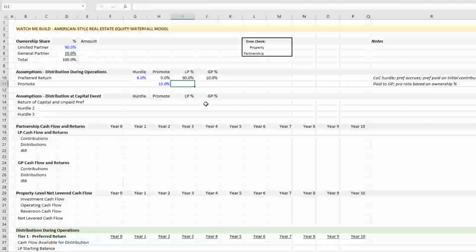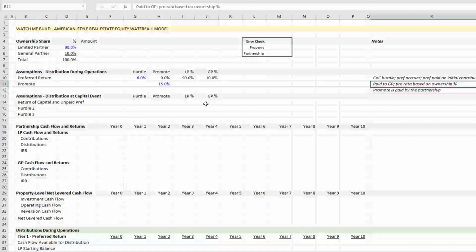Now, how do we calculate the promote paid to the GP? Well, in this case, we're going to assume that the promote is paid by the partnership. When a promote is paid by the partnership, what that means is if there is $1 available to distribute at this tier, in this case 15%, and that dollar, by the way, is owned by the partnership, then 15 cents of that dollar is paid by the partnership to the GP.